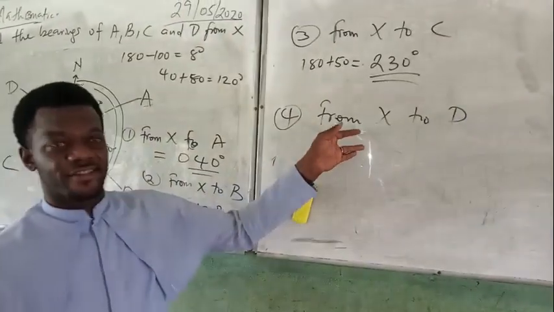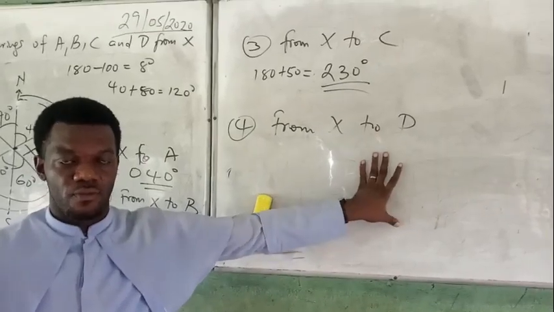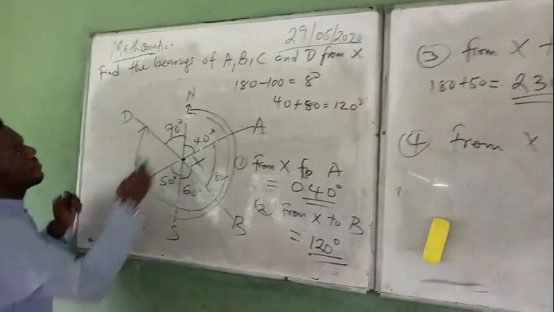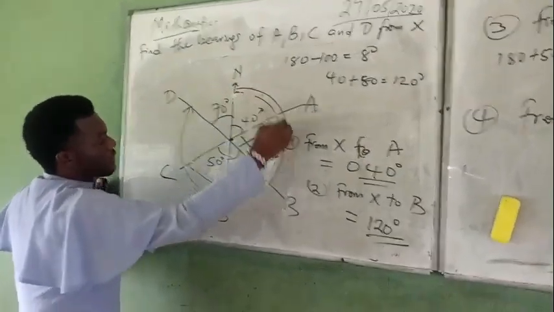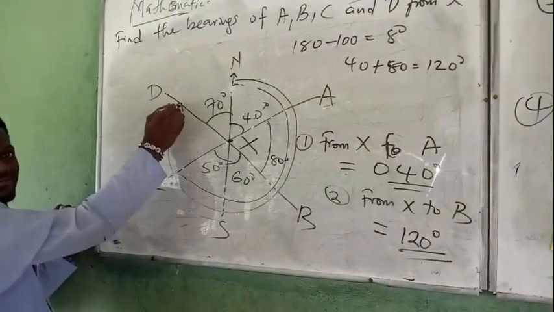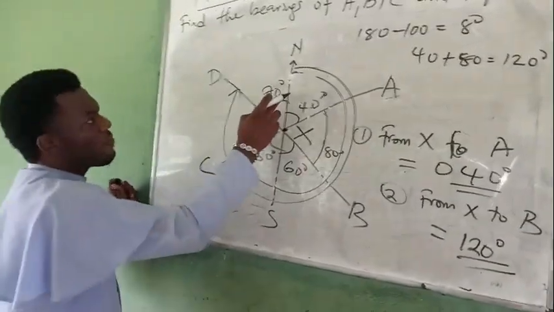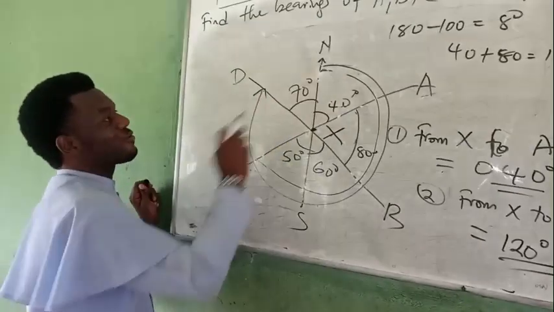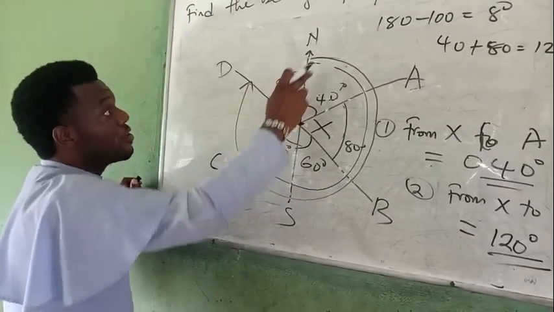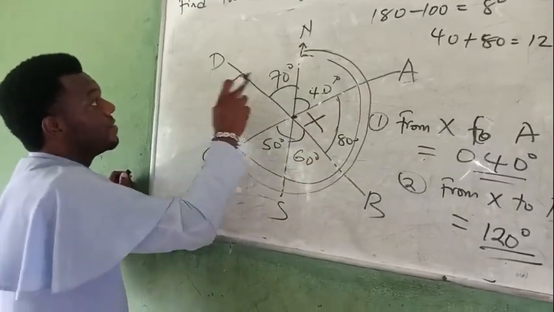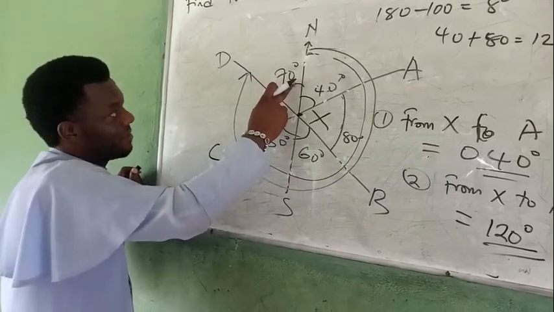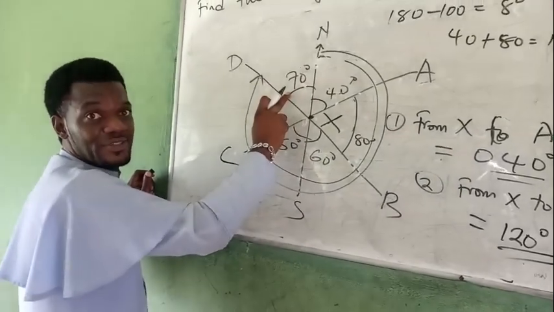From X to D, that's the final question now. Mind you, we are calculating from the north to the point D. But we are given that from the north anti-clockwise to this place is 70. So from here to here, what is remaining is this 70 degrees. So we have to include that.